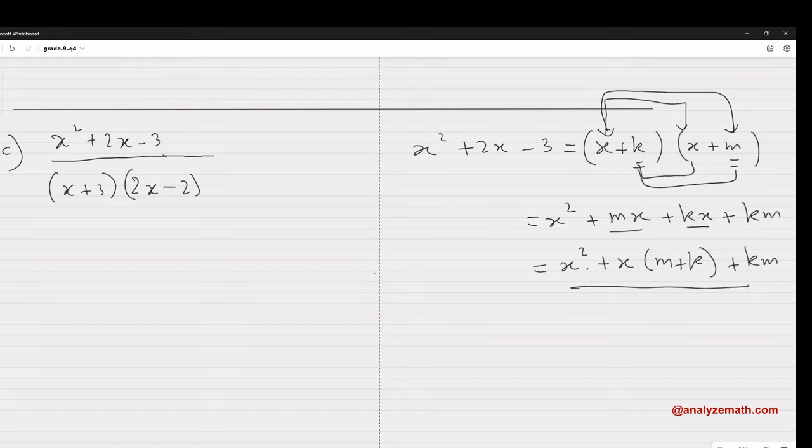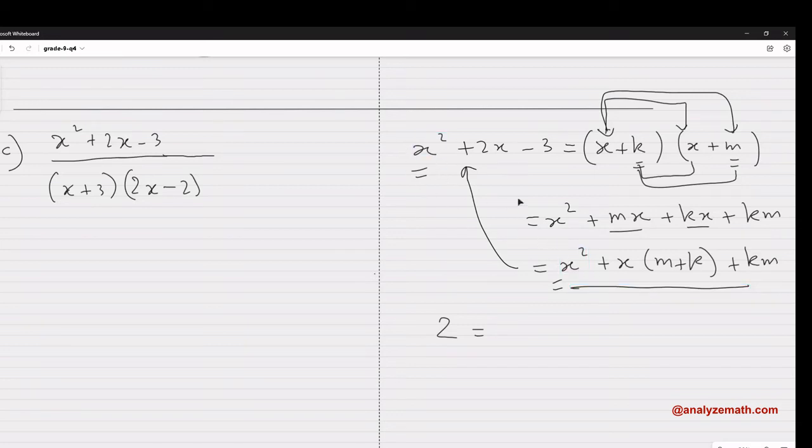Now we compare this with this. x², x², no problem. The coefficient of x is 2. For this polynomial and this one here to be equal, the corresponding coefficients must be equal. So x², x², no problem.